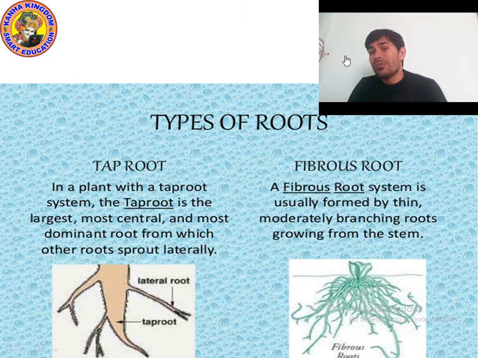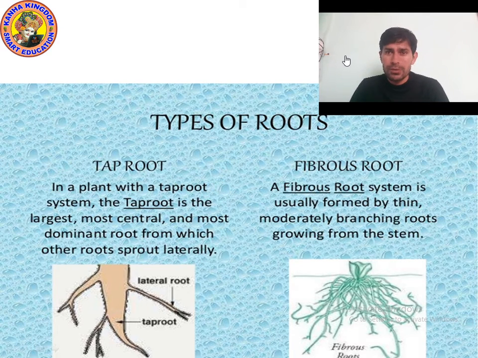If the leaves of any plant are long, it means they have fibrous root. And if the leaves of any plant are not long, they will have taproot. The first picture shows taproot, and the second picture shows fibrous root.